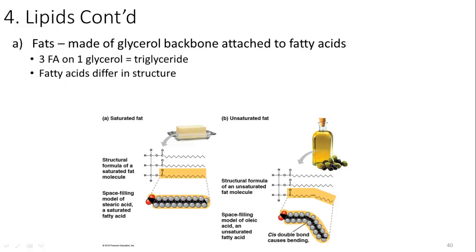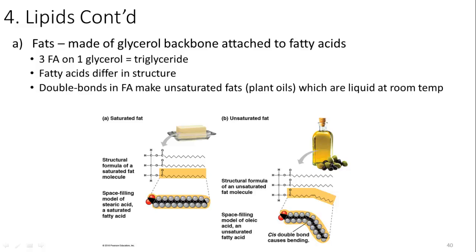These fatty acids differ in structure. You may have heard of omega-3 fatty acids or saturated fats or unsaturated fats. What differs between unsaturated and saturated fats is the number of double bonds. A double bond in a fatty acid makes an unsaturated fat, and you see that to the right. And what that does is that double bond messes up the ordered structure of the 3 fatty acids in the triglyceride, and so they no longer fit nicely together.